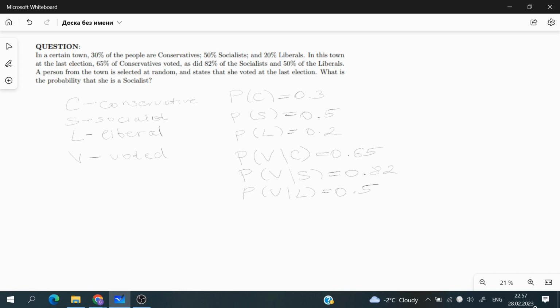And we're given that the person is selected at random, correct? And we need to find the probability that she is a socialist. By the way, guys, do not confuse the following two terms: the probability that the person voted given that she is socialist, and the probability that the person is socialist given that she voted.